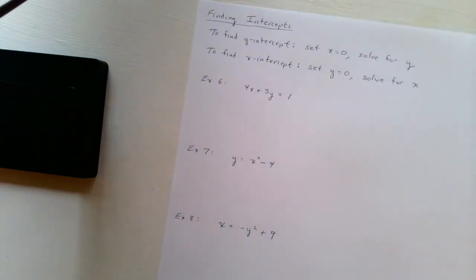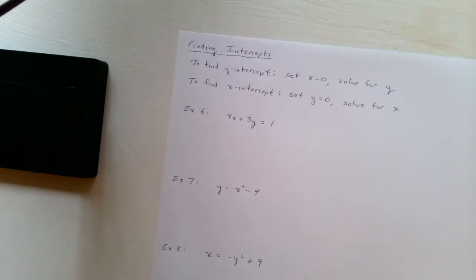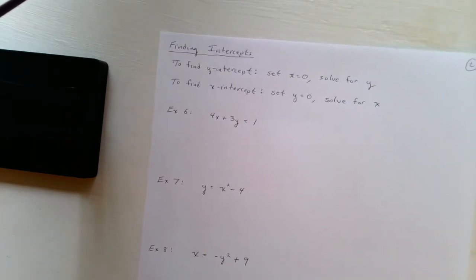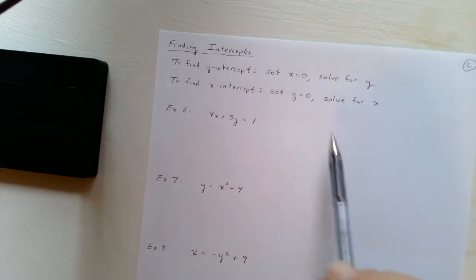Okay. Now, first, the important thing you want to know about graphs is how to find the y-intercept and then the x-intercept. That is, where does the graph intersect the x-axis and the y-axis. And it's very simple, or at least the general process is simple.